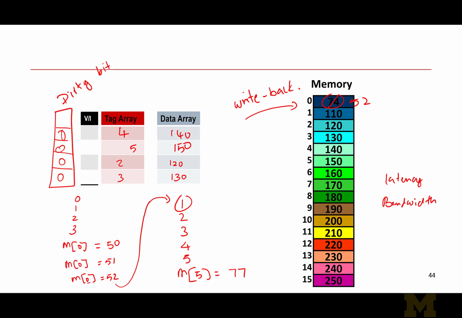So I'm going to write this value 77 because it's a write back cache. I'm not going to update the memory yet, but I'm going to note down the fact that this was actually modified. So later on, when this cache line gets evicted, I would check this dirty bit, and if this bit is set, then I would have to write back.